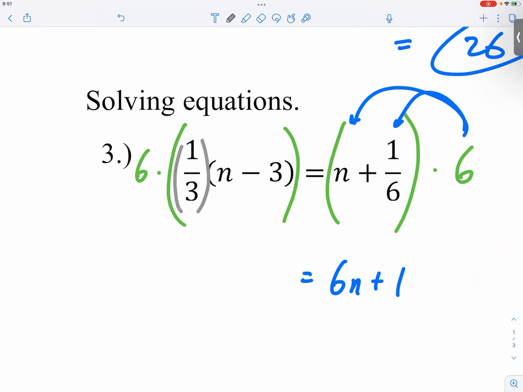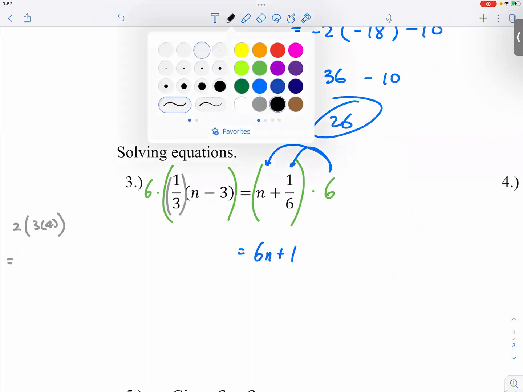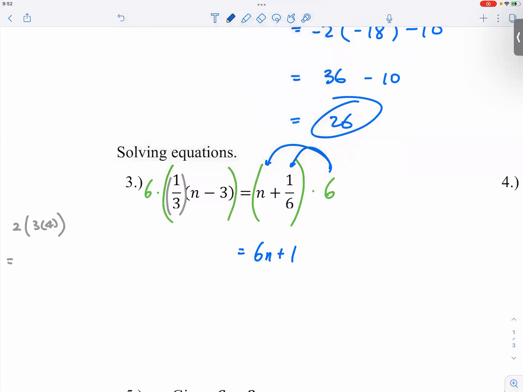Okay. So I understand some students may find this a little bit difficult to digest why we are not distributing. So you may want to write this down to prove yourself that you did not distribute right here. You will not distribute right here either. So you will have just 6 times 3, which 6 times 1/3 would be 2.